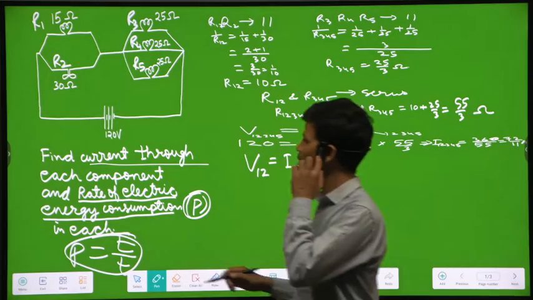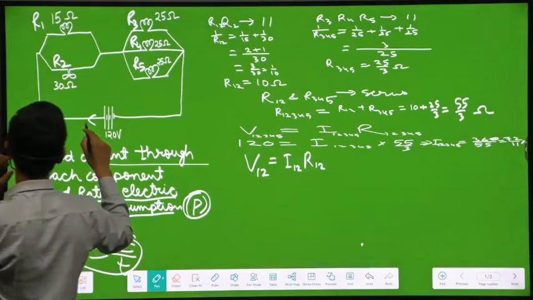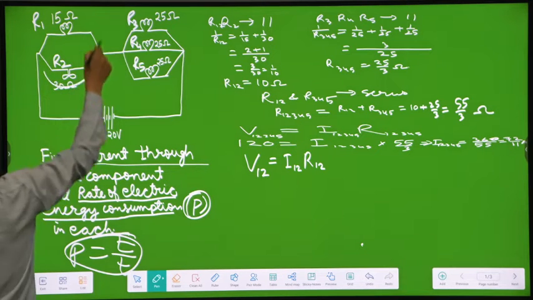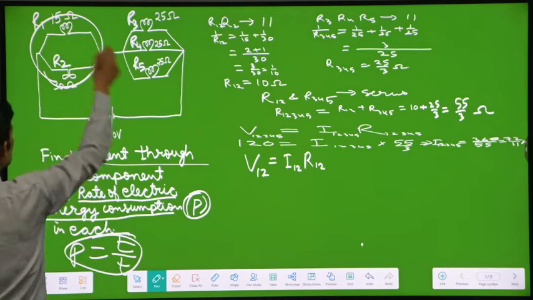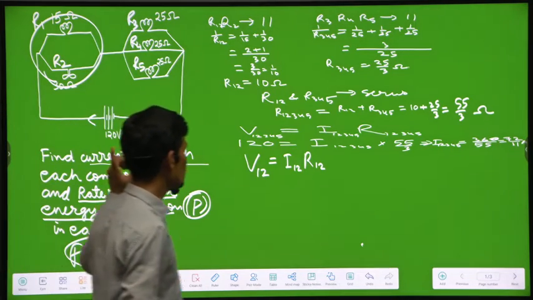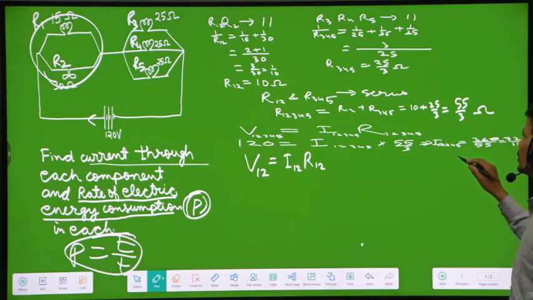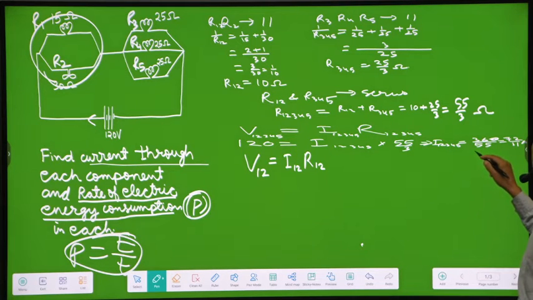I12 means whatever current leaves from here will go here, and the combination will receive that current. So I12345 for the entire circuit will be the same as I12 passing through the combination of 1 and 2.